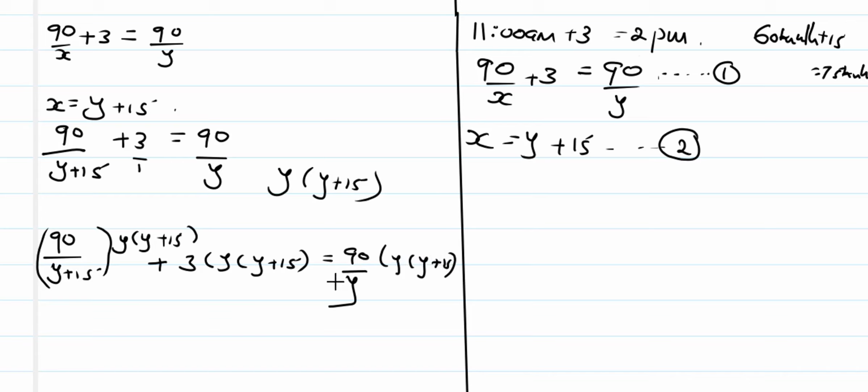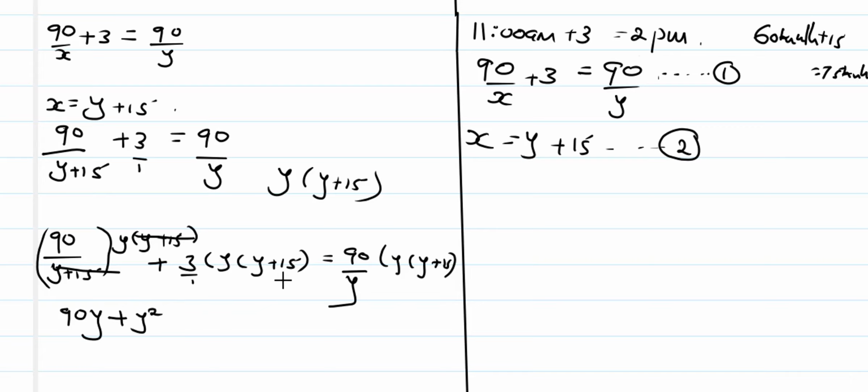So here, this y plus 15 cancels with the denominator, and I remain with 90y plus, for this one, because it was over 1, so 1 divided by 1 remains 1, I multiply y by y plus 15 to get y squared plus 15y.